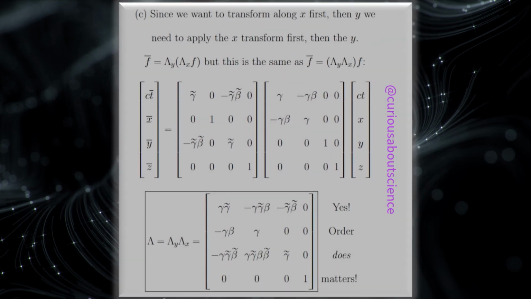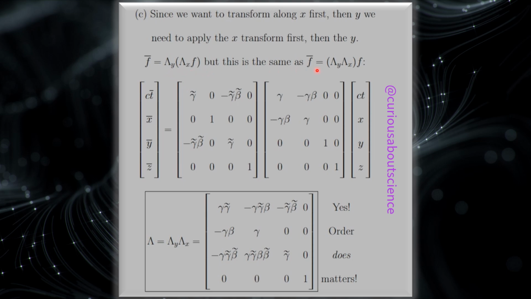Part C, since the transformation is along the x first and then the y, we need to apply the x transformation first and then the y. What this tells us is that if we want the total transformed coordinates f bar, we have to multiply by the transformation matrix x and then multiply by the transformation matrix y.